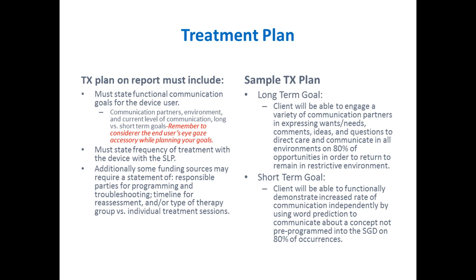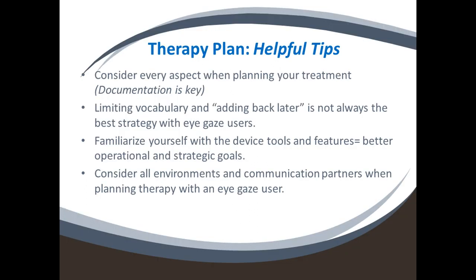So can this person learn to use some of the features on their device to speed their message up? So that's just one example of what a short-term goal could be. And that sounds more operational, or it could be strategic as well.